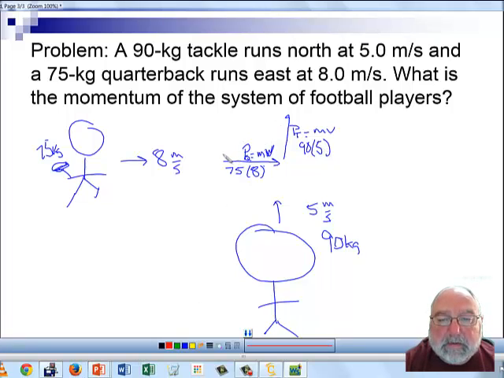The total momentum is the sum. Let's pull up our calculator.